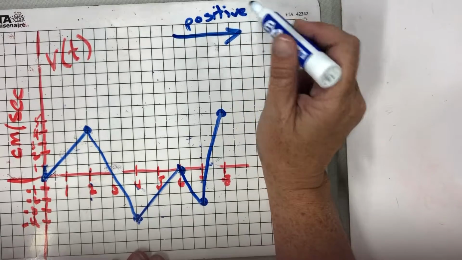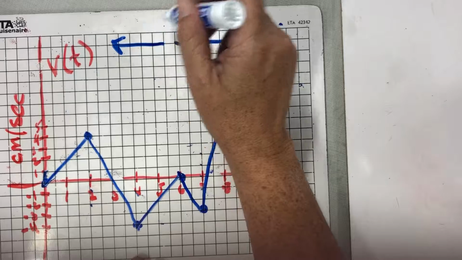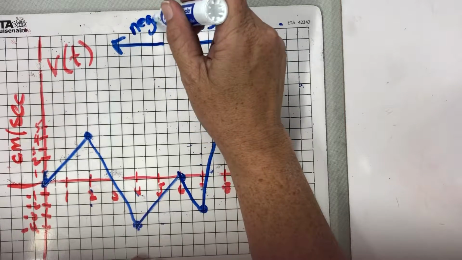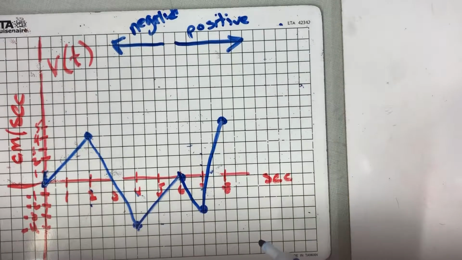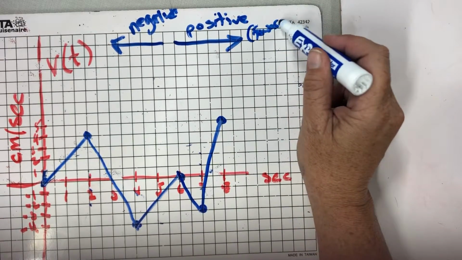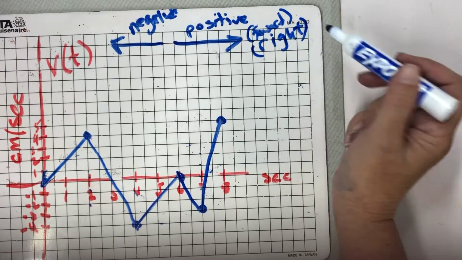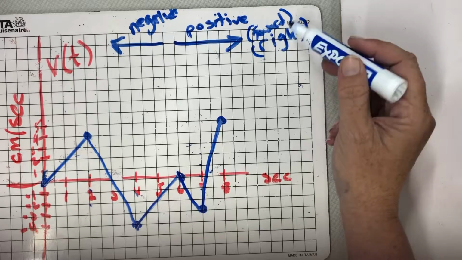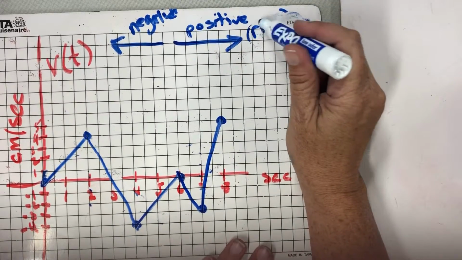When our particle is moving to the left, we're calling that a negative velocity. So sometimes problems say moving forward instead of positive. Sometimes they say moving right, like I just did. Sometimes a problem is defined even with north and south. But we're going to stick with right for this.